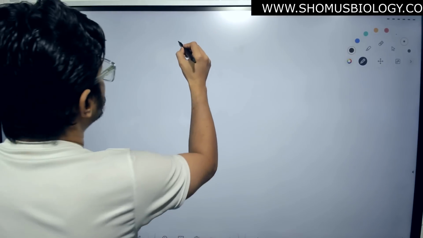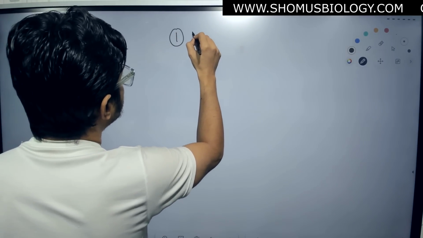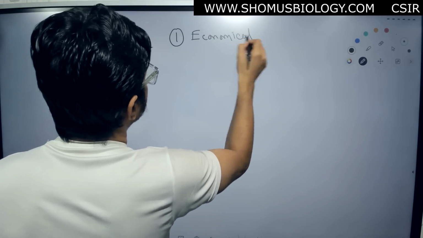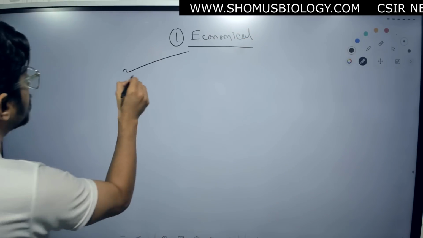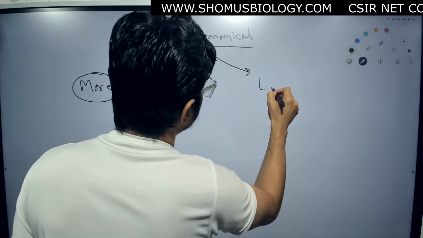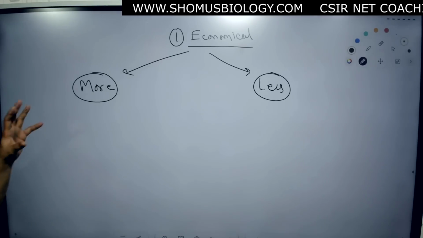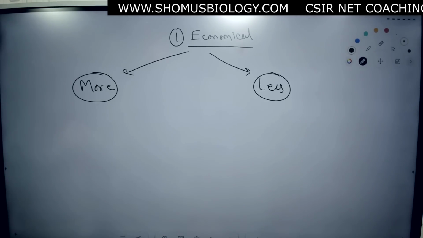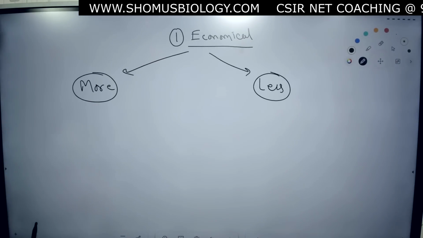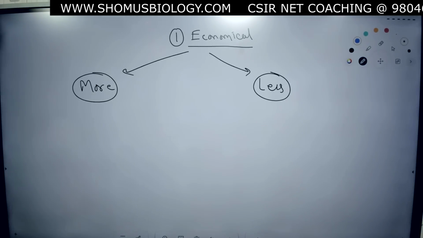So the very first protocol I am going to share is the more economical units, and then we are going to talk about the less economical units, right? More economical means you can expect more questions by providing less time. It will consume less time for preparing these units, but you will be ready to answer most of the questions.